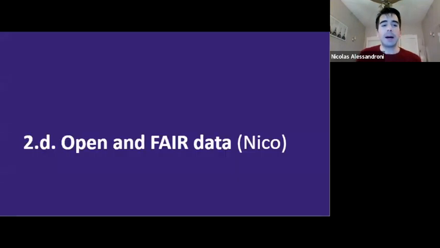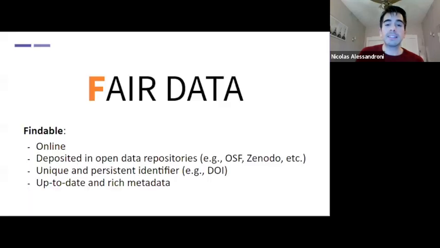And then I would like to talk a little bit about open and FAIR data, which is another open science practice that consists of making data findable, accessible, interoperable, and reusable. So what is that data is findable?